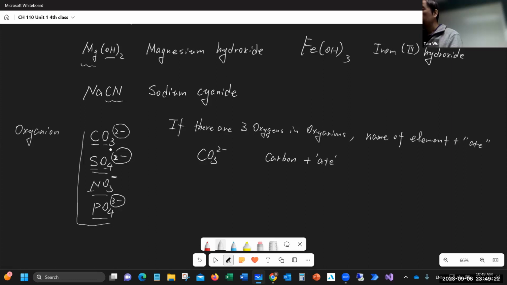This one doesn't have an ending to get rid of, so this is just called carbonate. And if you have nitrogen, this is nitrogen.